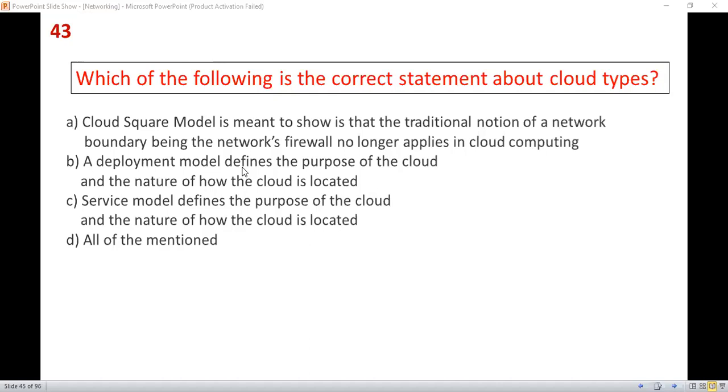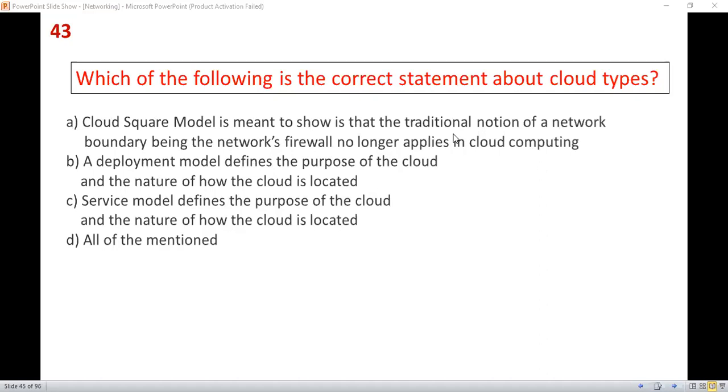In the first option, the cloud square model is meant to show that the traditional notion of a network boundary being the network firewall no longer applies in cloud computing. So this option is not correct. We can apply a network firewall for a longer period also in cloud computing.